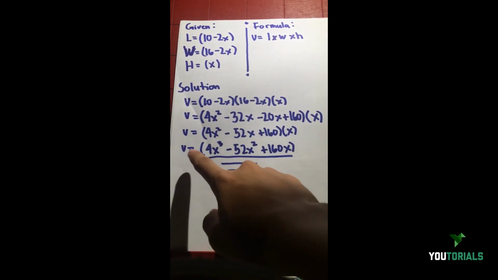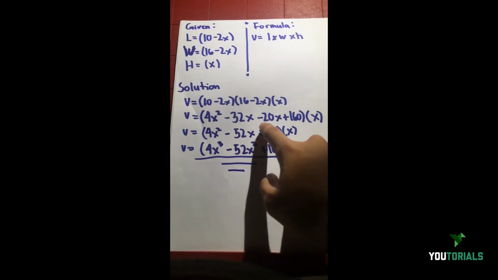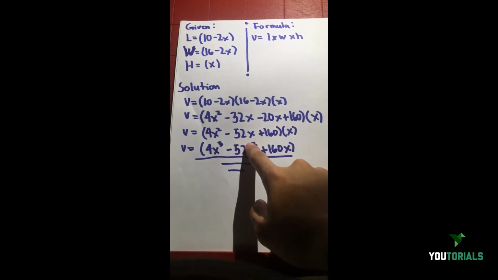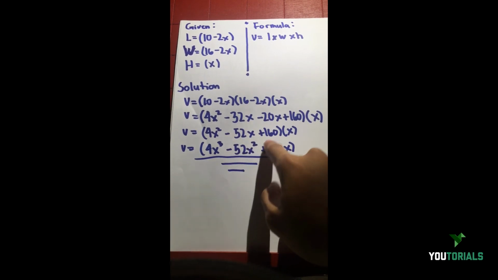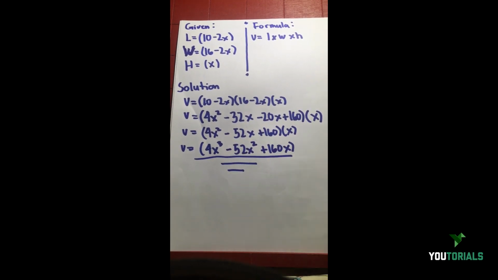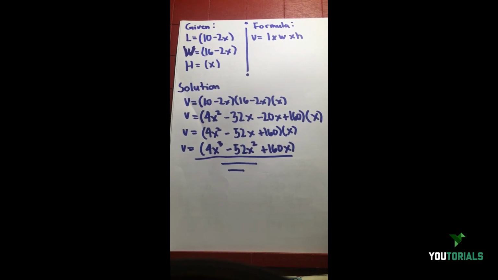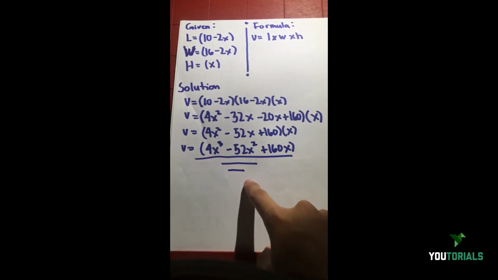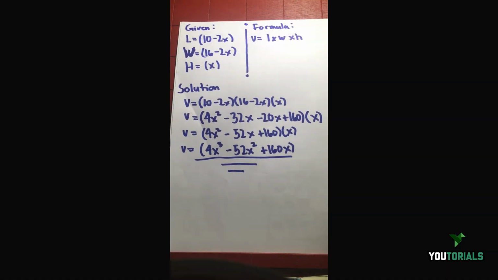Now next, volume is equal to 4x squared, negative 32x minus 20x is equal to negative 52x. So 4x squared minus 52x plus 160, times x. Now we multiply the two functions. Volume is equal to 4x cubed minus 52x squared plus 160x.